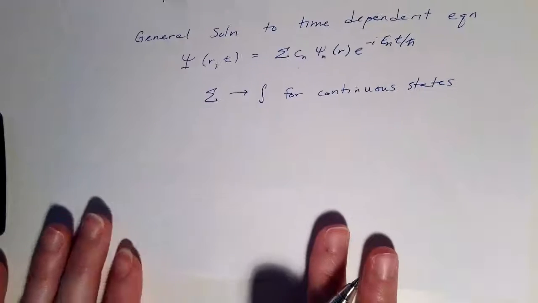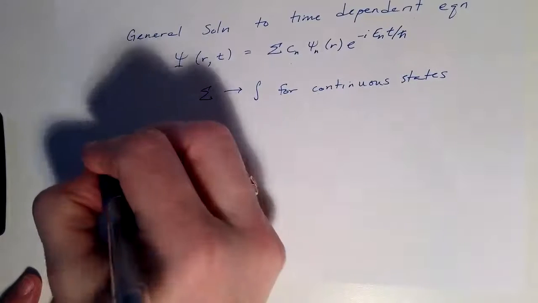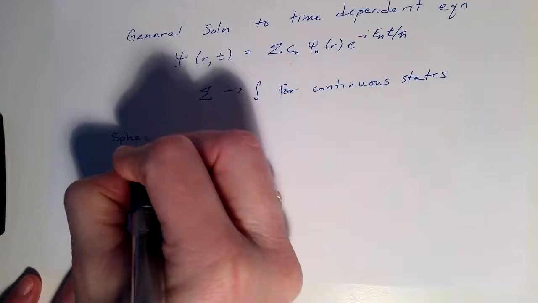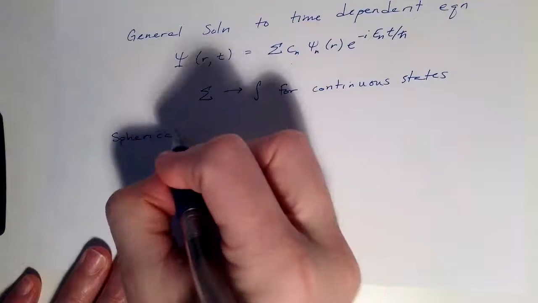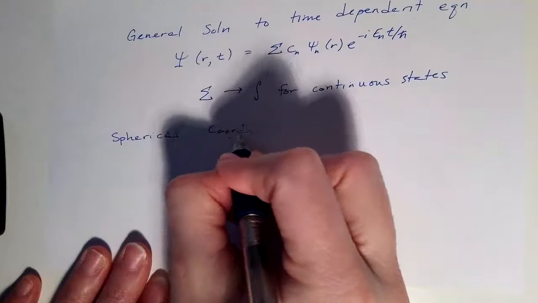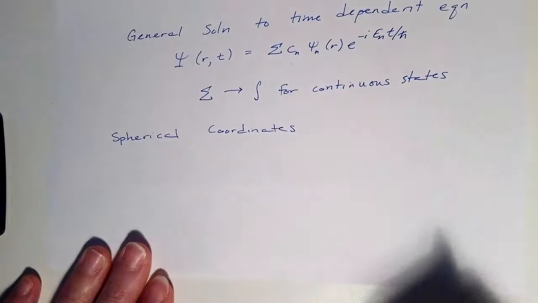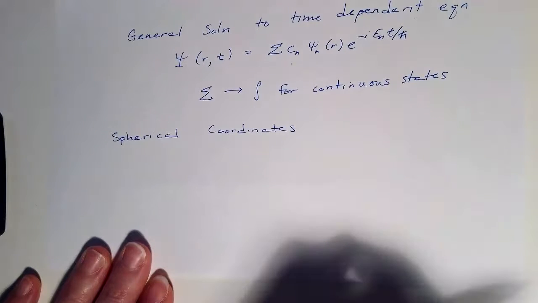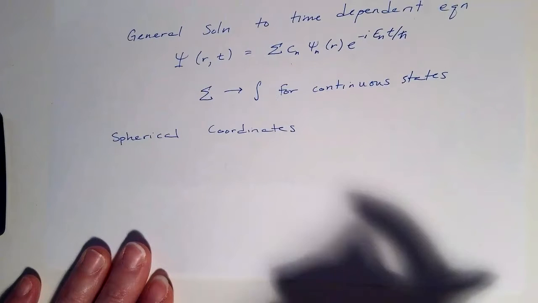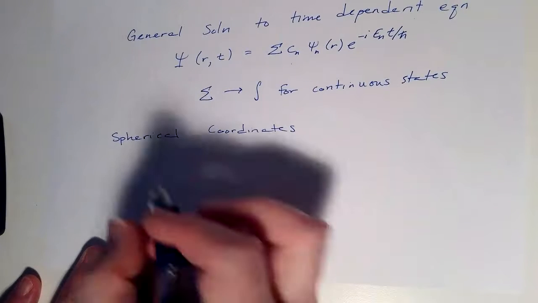Let me get my paper moved so that we have a little more space. So, our spherical coordinates: we're going to talk about spherical coordinates when our potential is a function of distance from the origin.